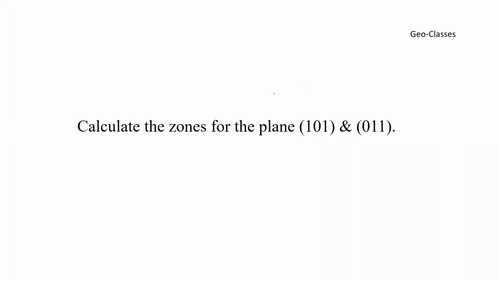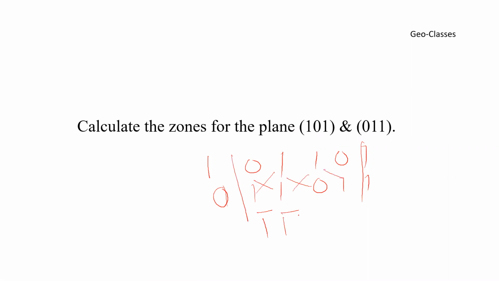For this as well, you'll have to calculate. Let's calculate it for this: 101, 011. Exclude the first and last: 1 bar, 1 bar, 1.